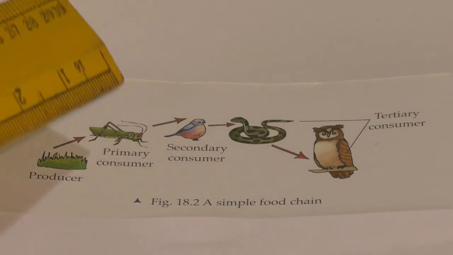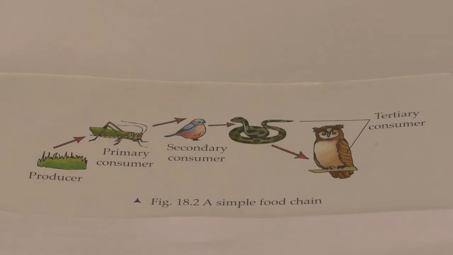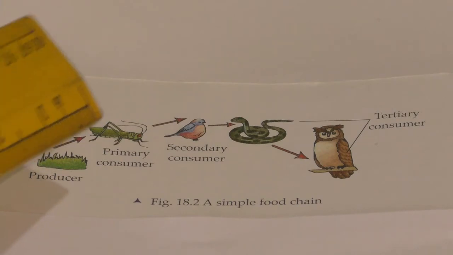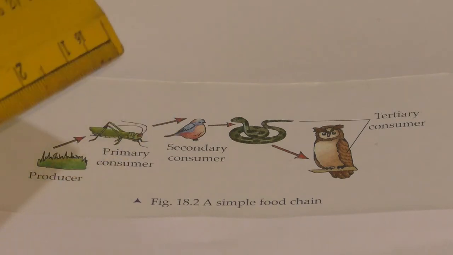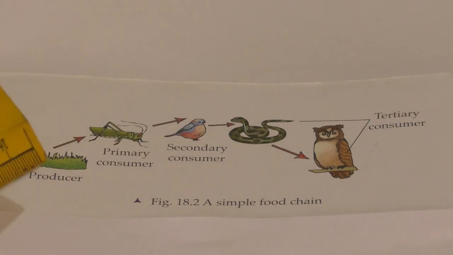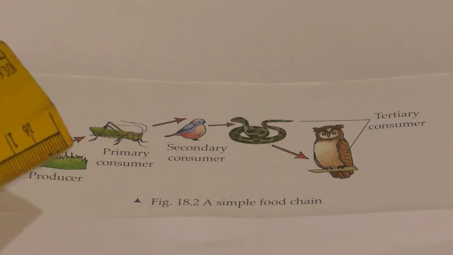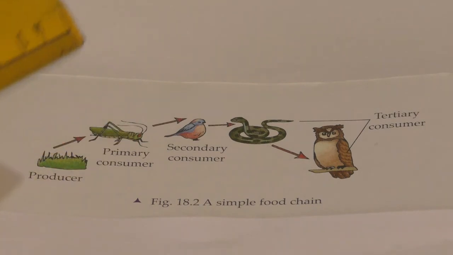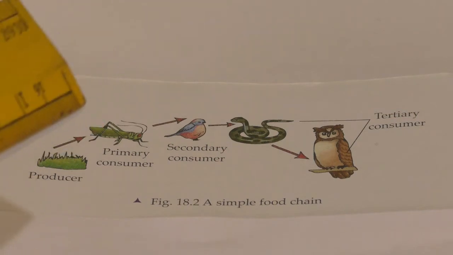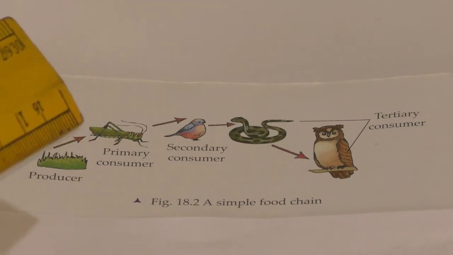Then snake. The snake eats the bluebird and the snake is eaten by the owl. The snake and owl will be the tertiary consumer.